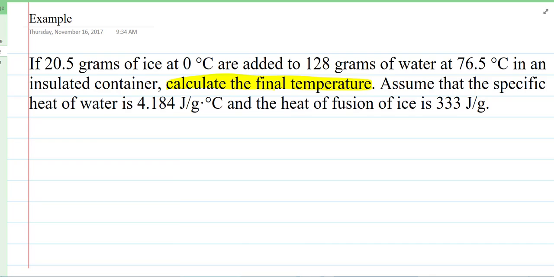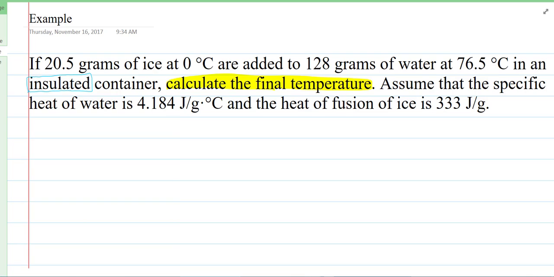Now there is a special word here, and this special word is insulated. What does insulated mean? Usually if something's insulated, it helps keep the heat in or out, or the cool in or out. You want your walls and pipes insulated in your home. Sometimes you have coats that are highly insulated.